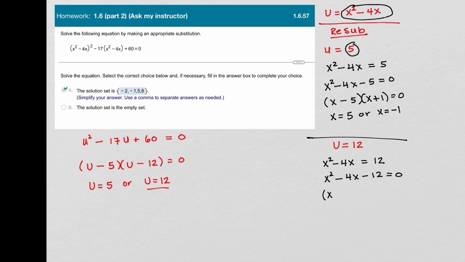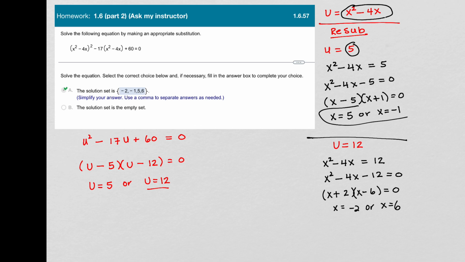Let's try factoring that. We get, let's see, 2 and 6 would subtract to make 4, and we want this to be a minus 6 and a plus 2. So we get x equals negative 2 or x equals 6.